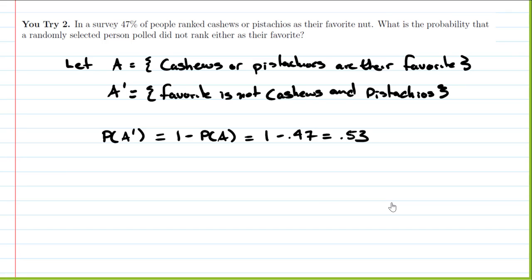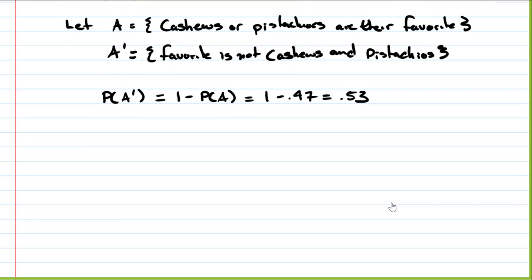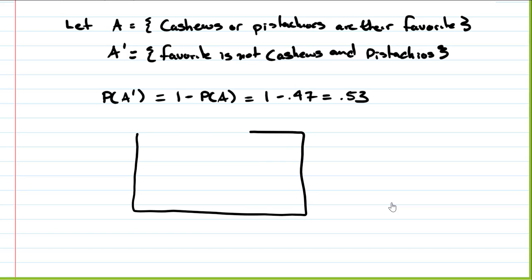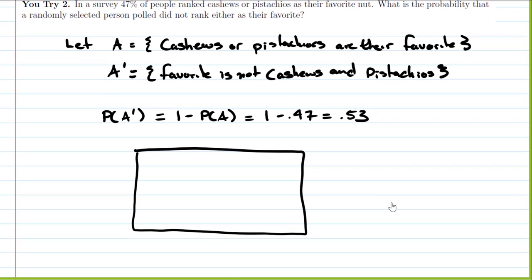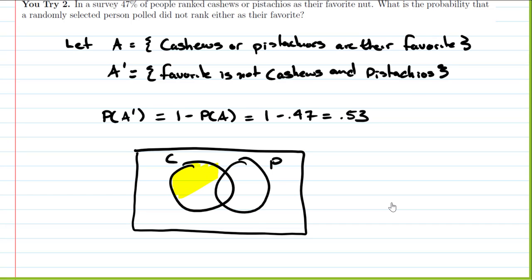So we didn't need to break the event A down farther, but it is kind of interesting to think about it a little bit too in terms of a picture. If we have cashews and we have pistachios, and it says 47% of people ranked cashews or pistachios as their favorite, that would be, in our Venn diagram, these two things, right?